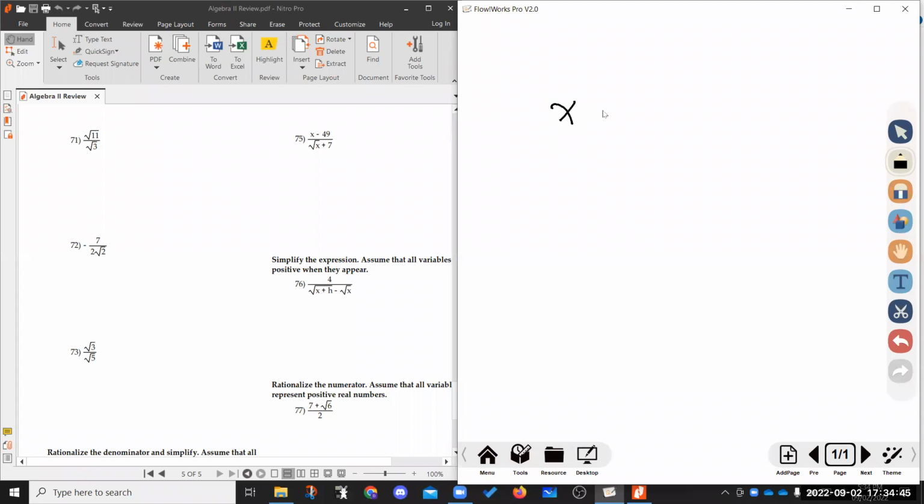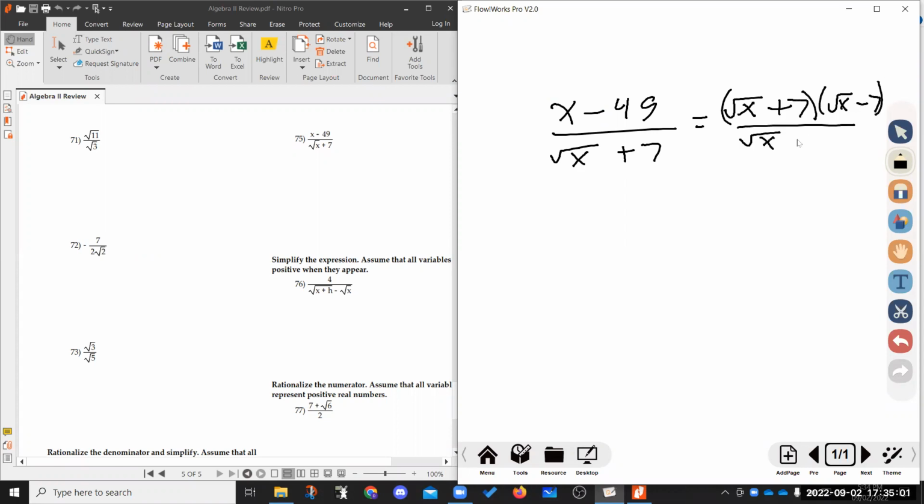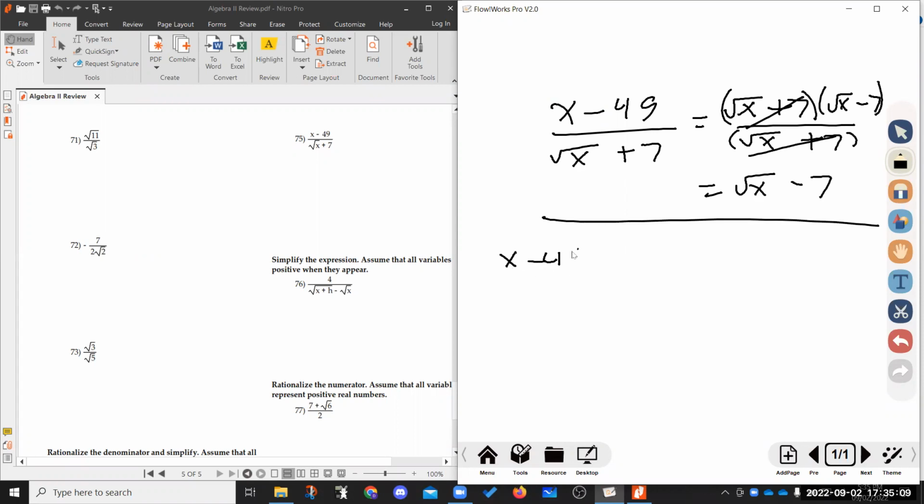Number 75, x minus 49 over √x plus 7. I've got a couple options here. I'm going to take one of the more interesting options to write this as √x plus 7 times √x minus 7 over √x plus 7 and cancel out the √x plus 7s to write this as √x minus 7. Alternatively, I could rationalize the denominator by multiplying by √x minus 7 top and bottom.